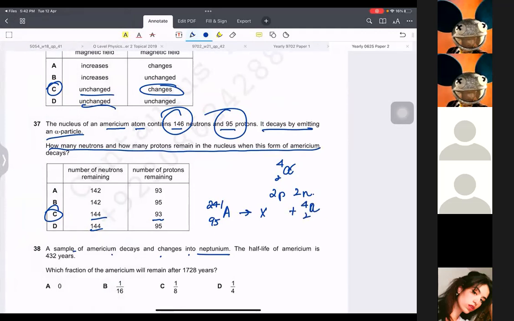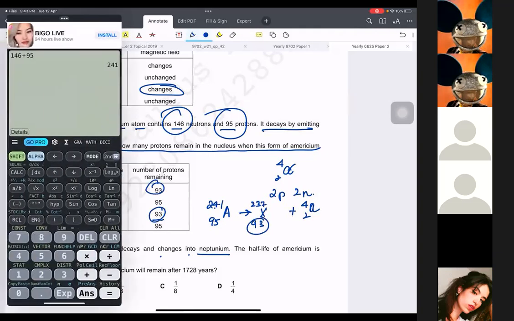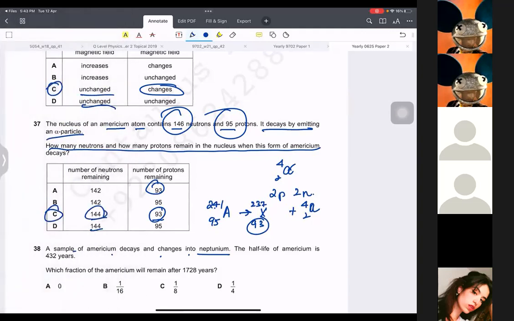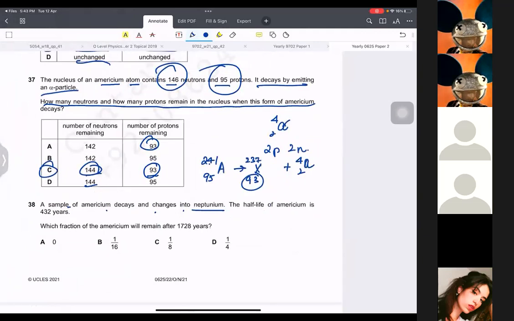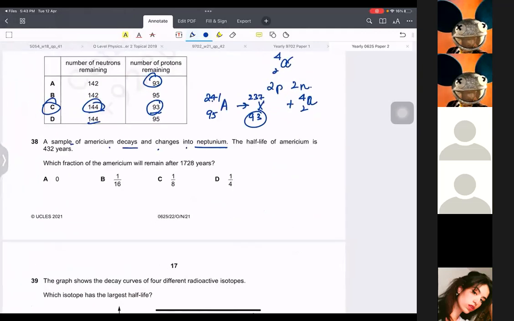So now this will be 93, and this will be 241 minus 4, 237, right? Now subtract 93 from 237. That's 144. Okay.